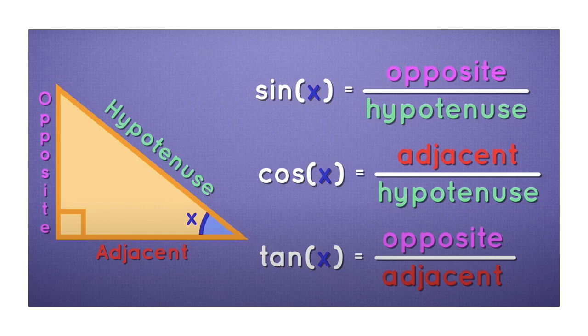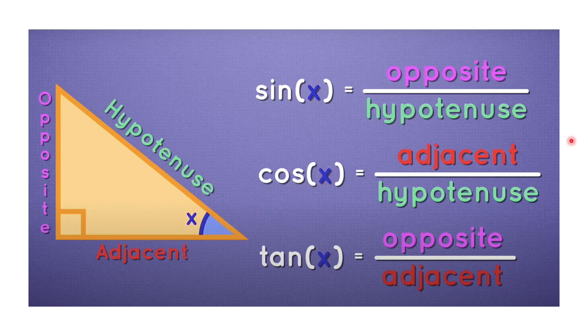Now that we know how to label our triangle, we can put the names of the different sides to use. The properties of a right angle triangle mean that there are a set of functions that we can use to determine the relationship between the lengths of the sides and the measure of angles. There are three sides to a right angle triangle: the opposite, the hypotenuse, and the adjacent.